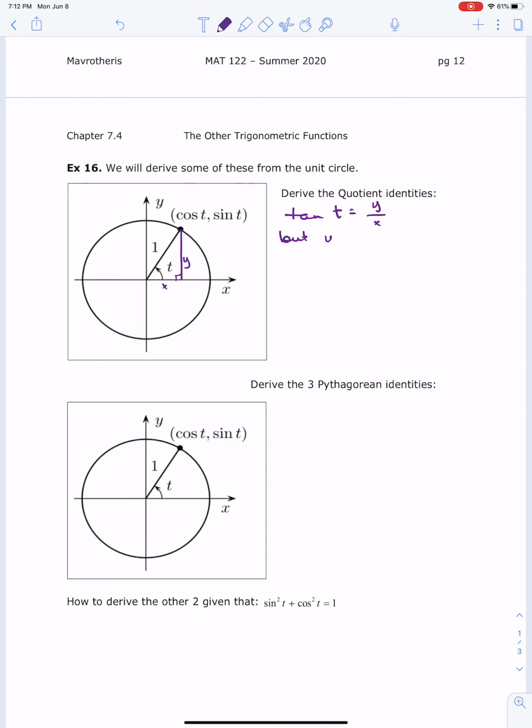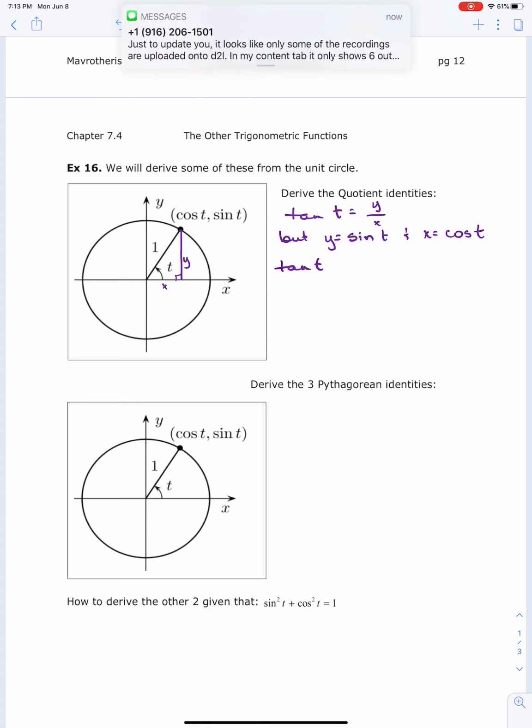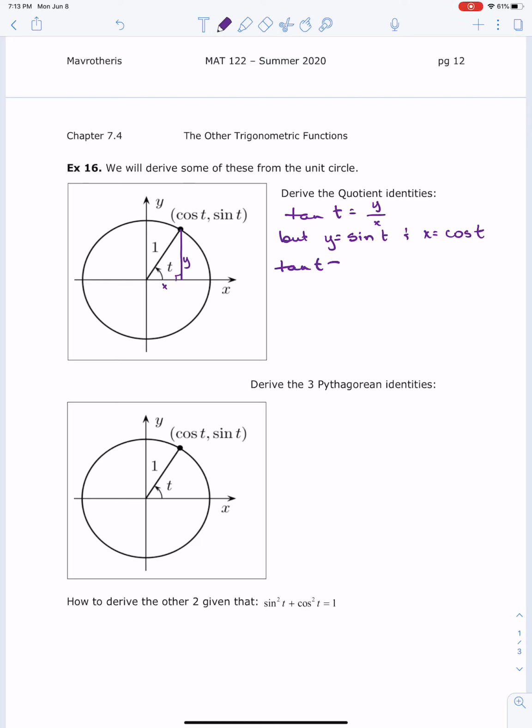We need to also remember we can write y as sine of t and x as cosine of t, which makes the tangent of t equal sine over cosine.